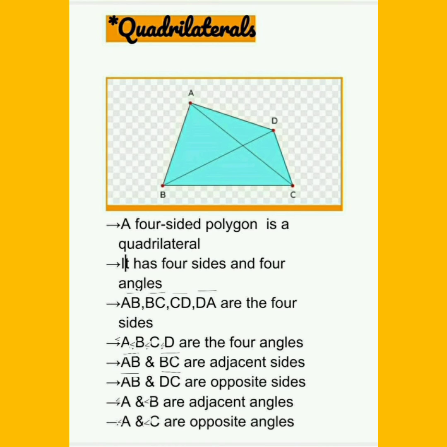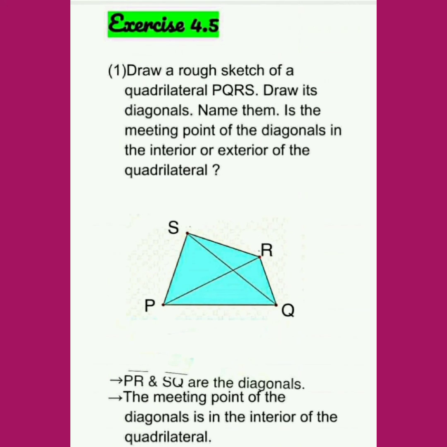Okay, now moving on to exercise 4.5. Question 1. Draw a rough sketch of a quadrilateral PQRS. Okay, as you see, I have drawn a quadrilateral PQRS. Draw its diagonals. Okay. Now we have drawn the diagonals. Then you have to name them.